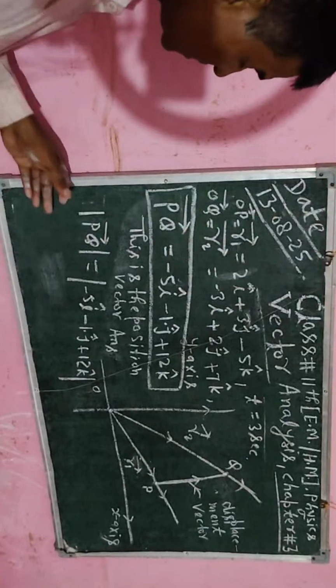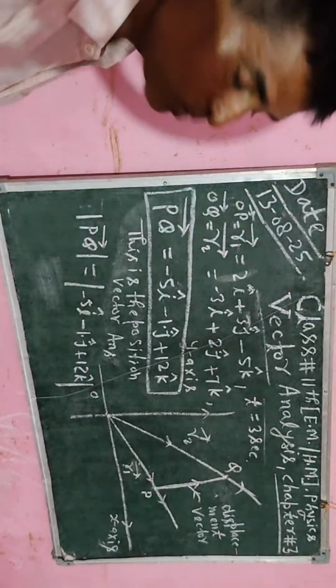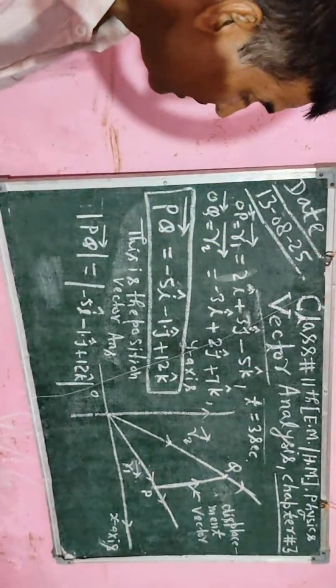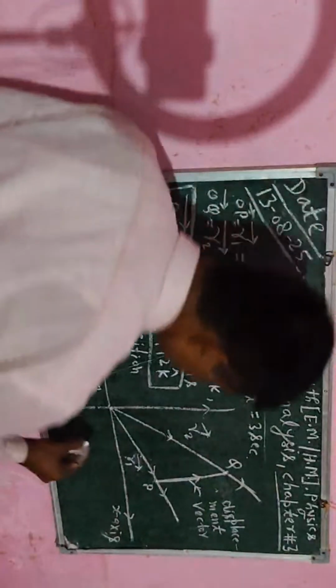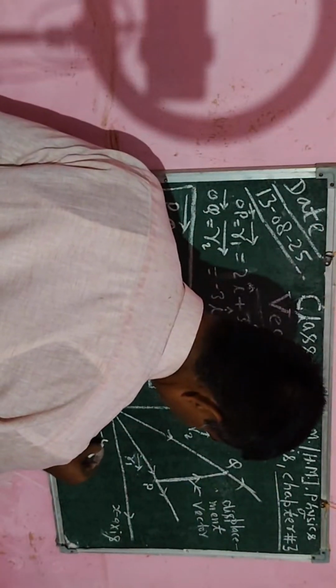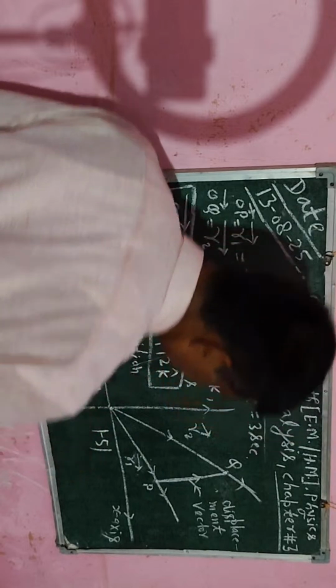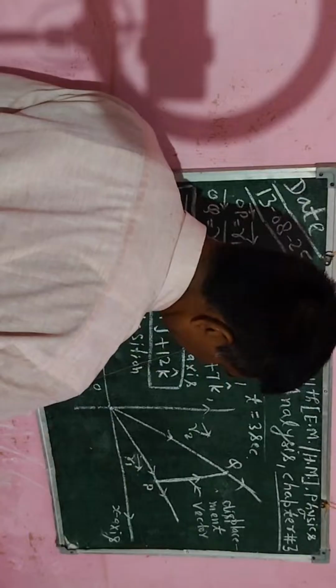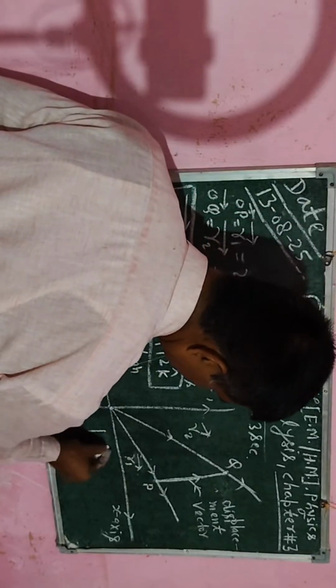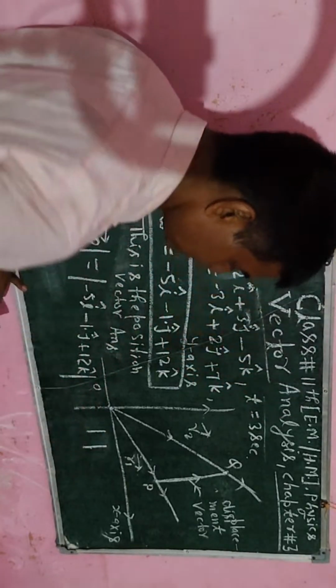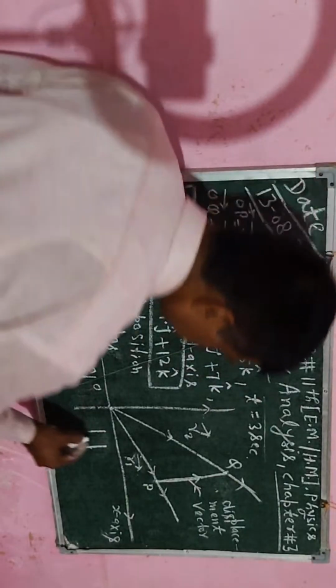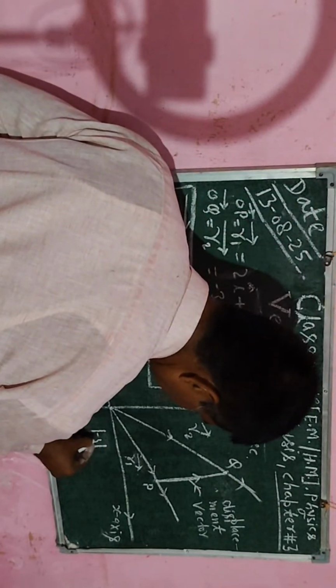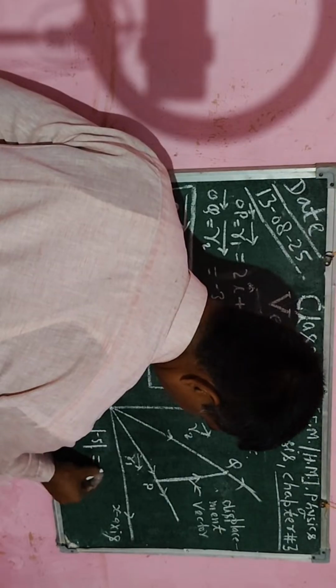The concept of this modulus I have to explain in detail so you can understand. If I take the magnitude of -5, this modulus is an operator and it will give a positive value.